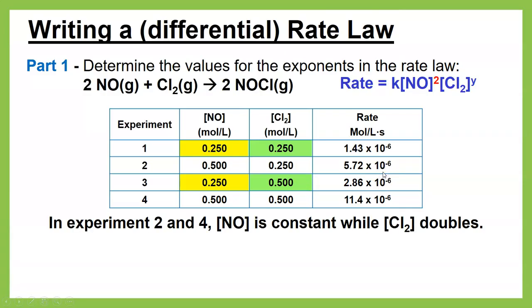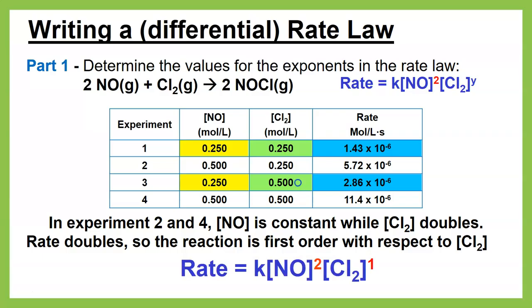And what happens to my rate when I double the concentration of the chlorine? My rate doubles. So 2 raised to what power equals 2? A 1.